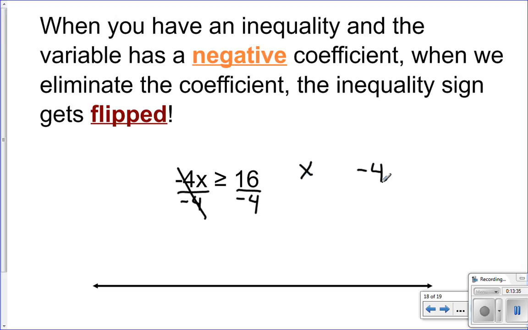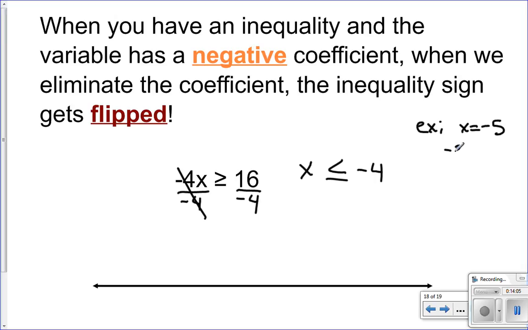But to make this inequality true, I have to flip the sign. Notice this was greater than or equal to, now it's less than or equal to. Everything that's less than or equal to negative 4 is going to make this equation true. For example, if I had negative 5, negative 5 is less than or equal to negative 4. So here's my example, and I'll show you why. Let's say x equals negative 5.